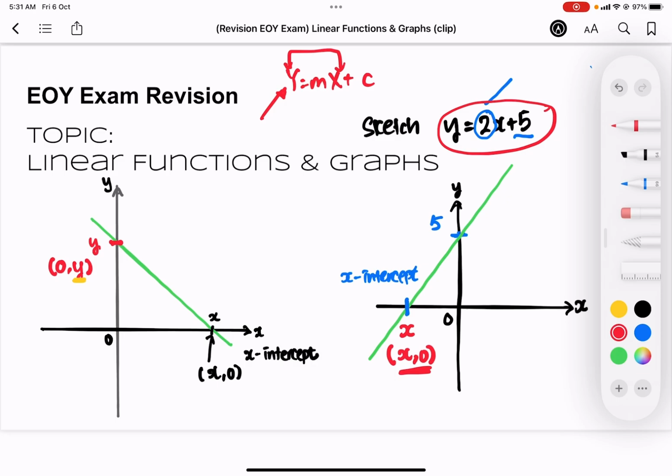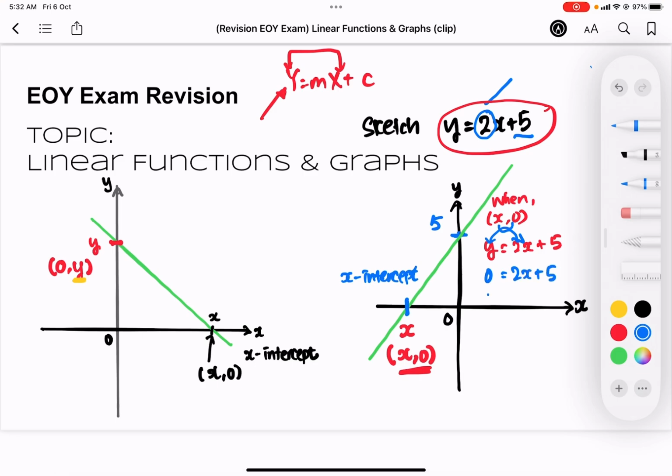So when we have (x, 0), in our equation y equals 2x plus 5, if we substitute this in, x goes to this x here, and the 0 comes here, so we have 0 equals 2x plus 5.